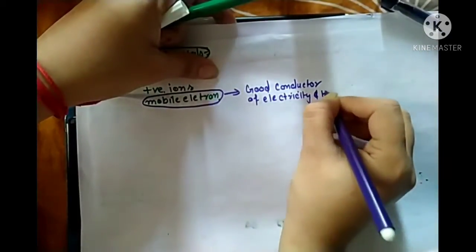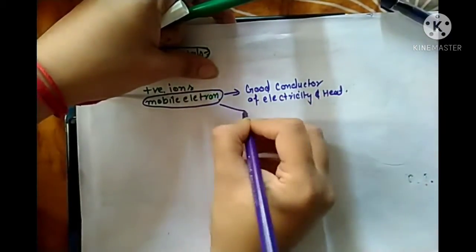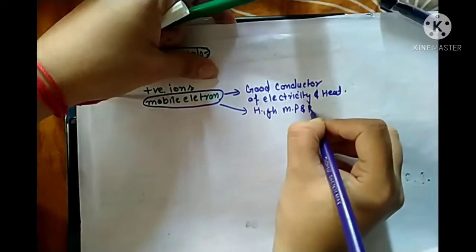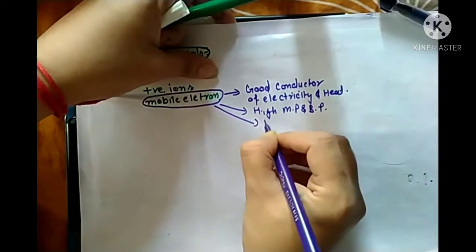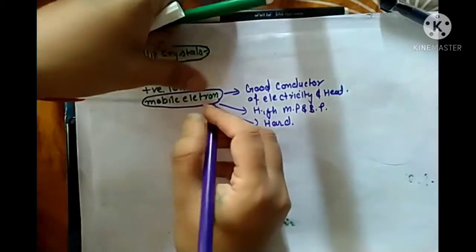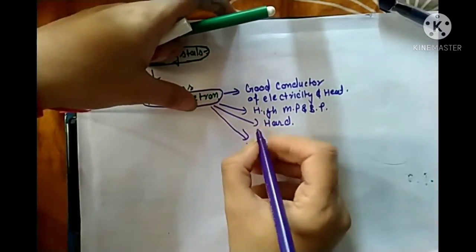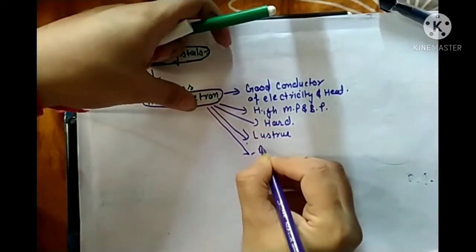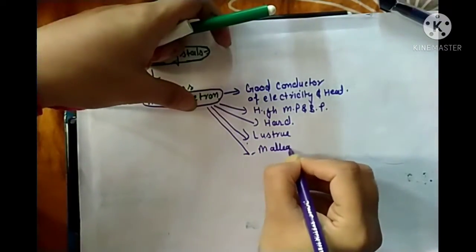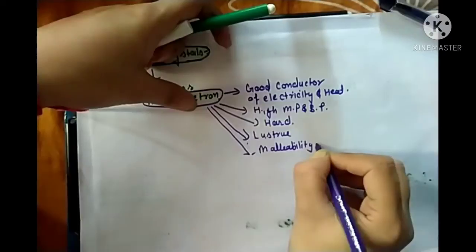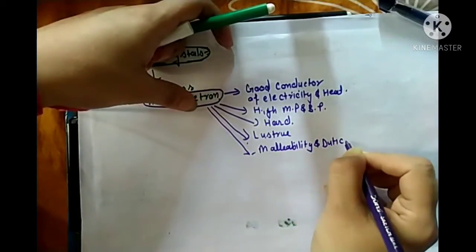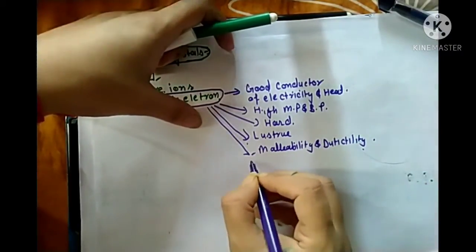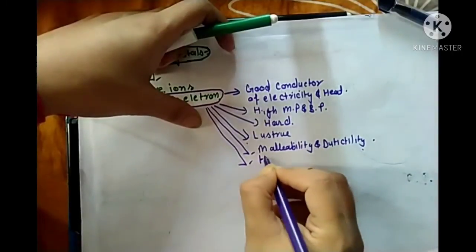Their characteristics are high melting and boiling point, hard, luster, malleability and ductility, and they have moderate heat of fusion.